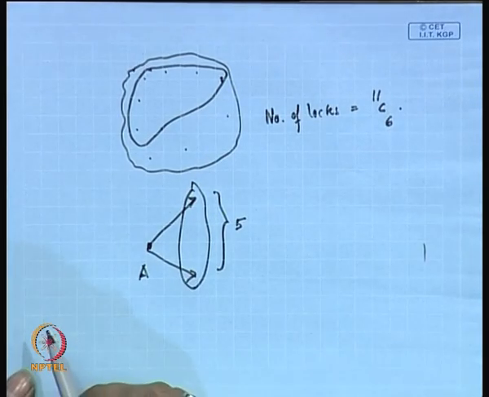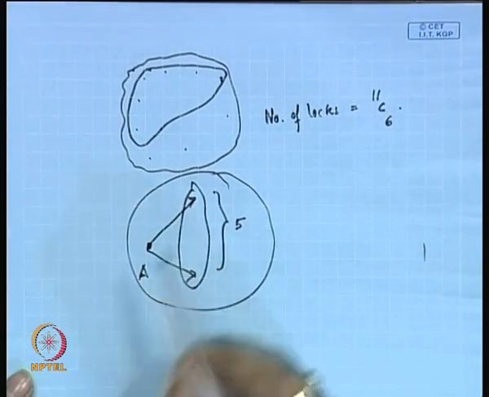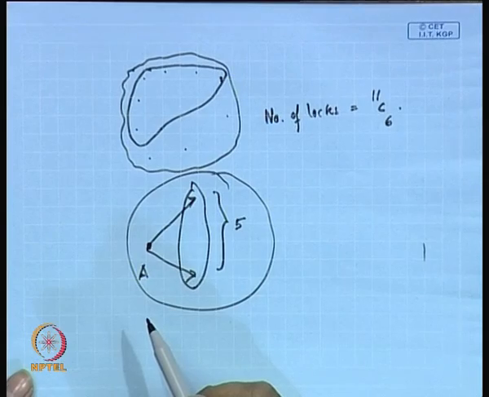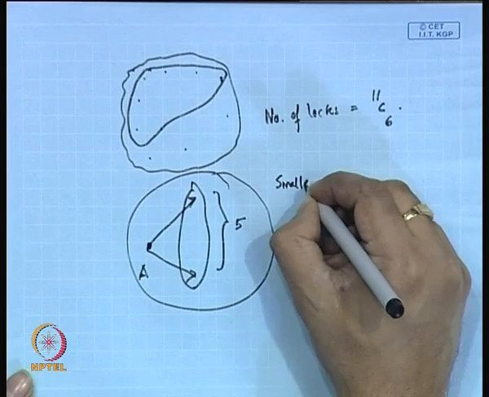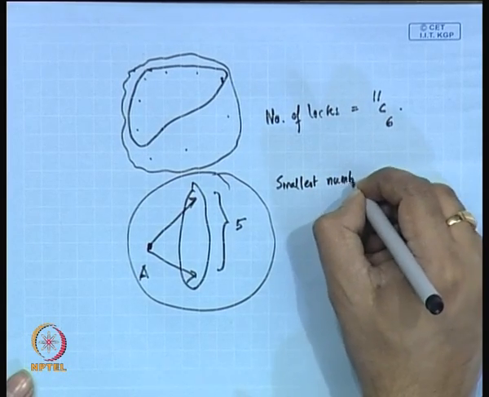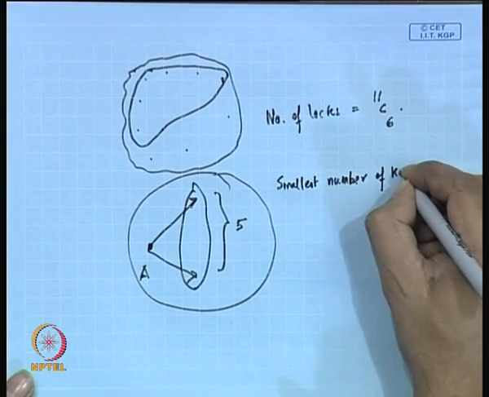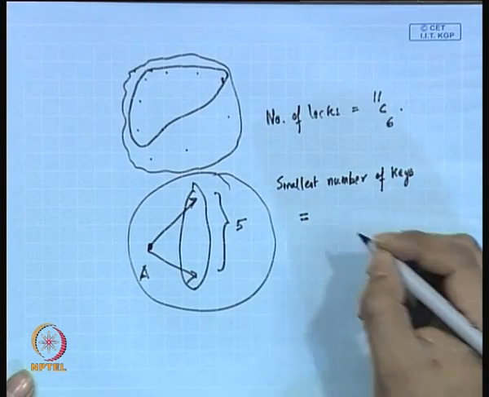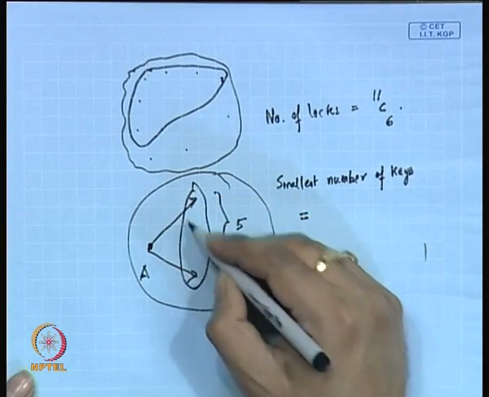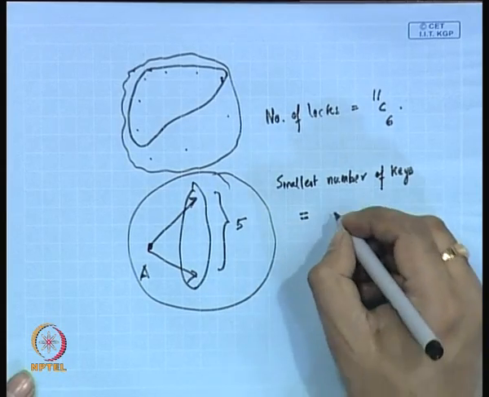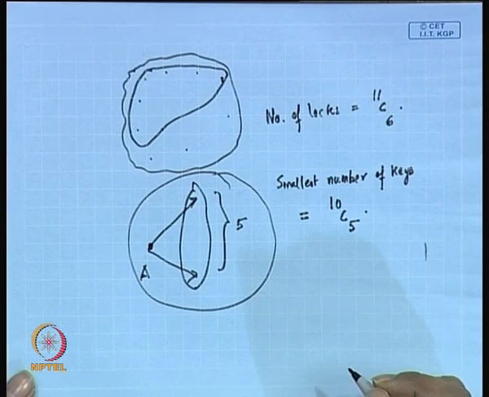If you leave out scientist A, there are 10 people remaining. The smallest number of keys is then the number of ways you can choose these 5 people from the remaining 10 people. That means it is 10 choose 5.